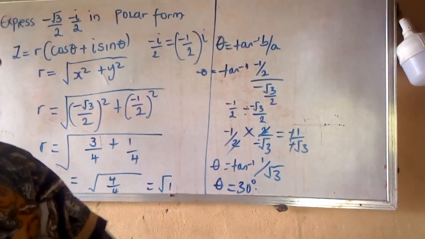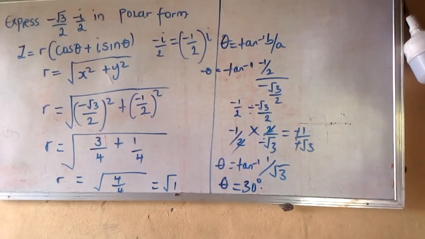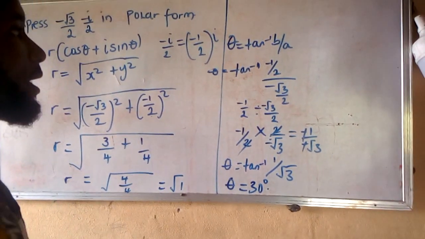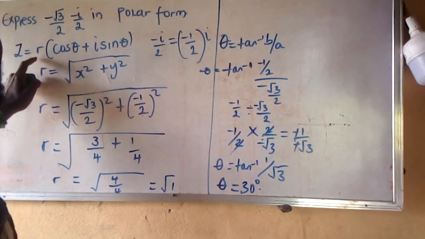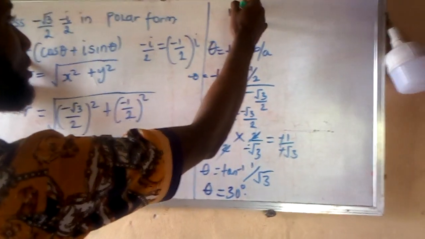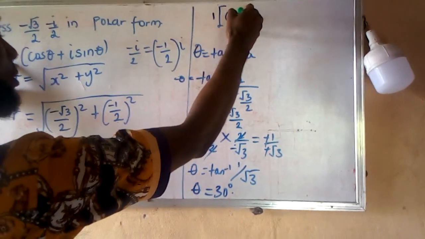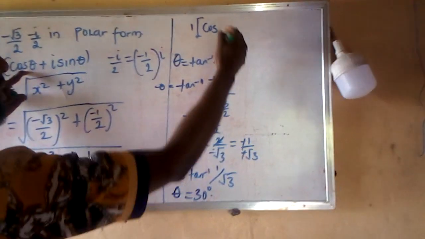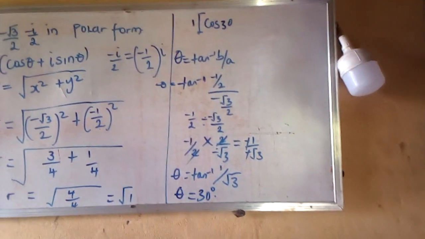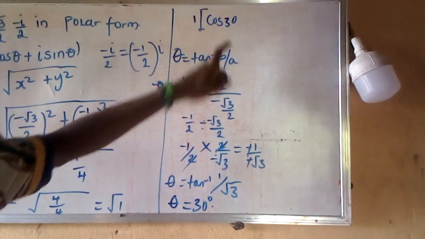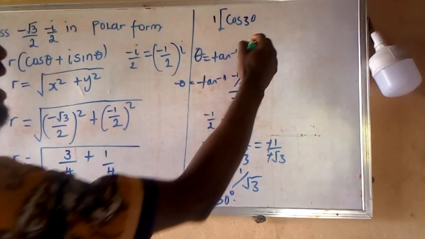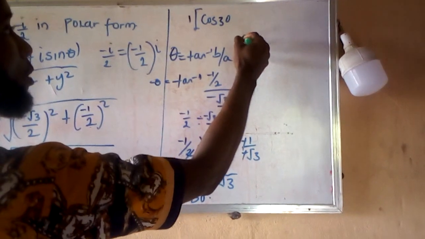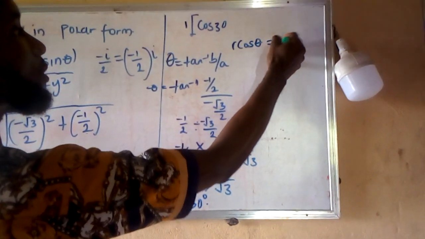Now for us to check this, let's substitute it into the formula. I want to substitute this 1 into cos theta. Cos theta is what? Cos 30. If you want to check this on the calculator, remember what I said, that R cos theta will always equal x.